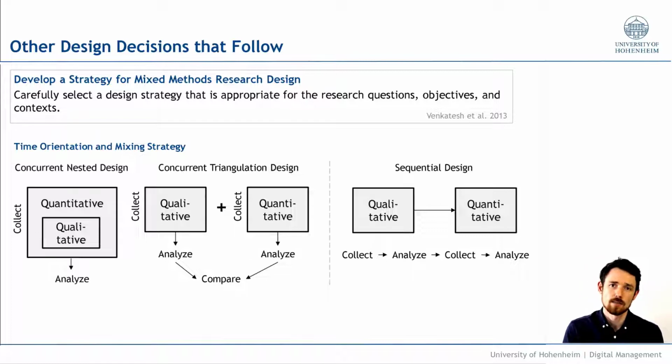And if you have participants that are kind enough to really give qualitative answers at length to those open questions, then basically you collect quantitative and qualitative data at the same time. And then afterwards you analyze them both together.